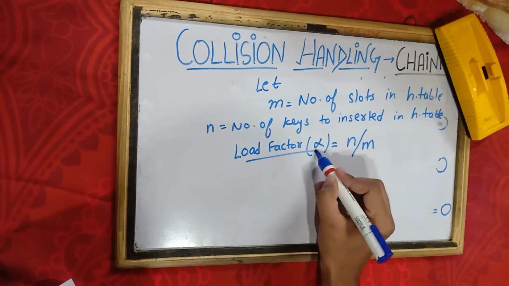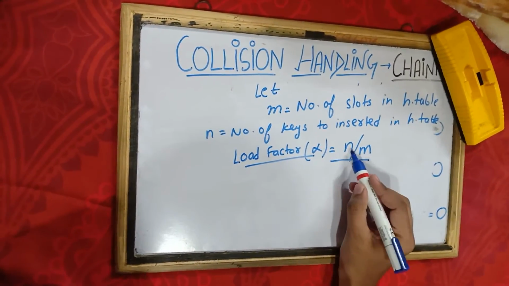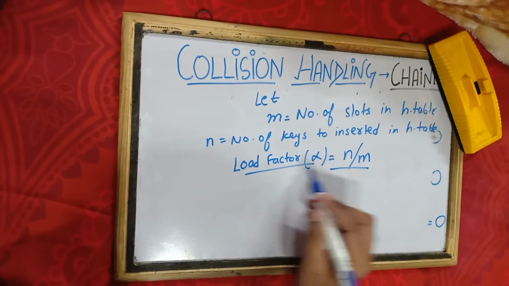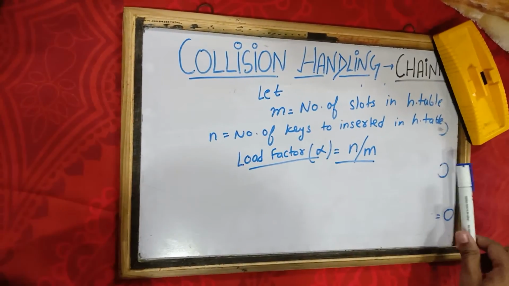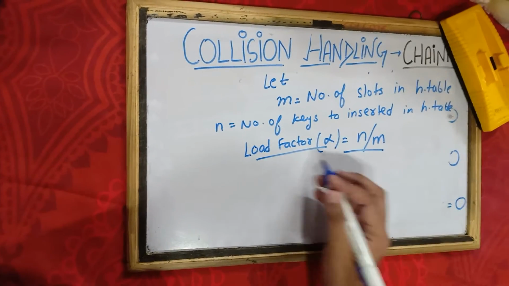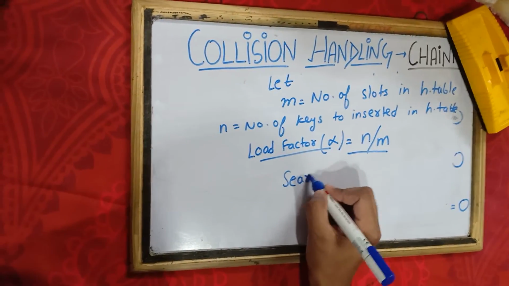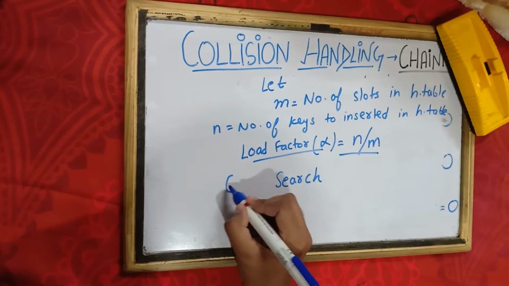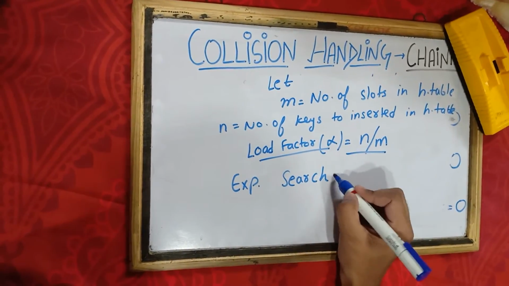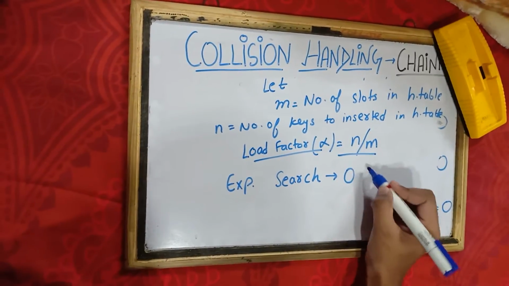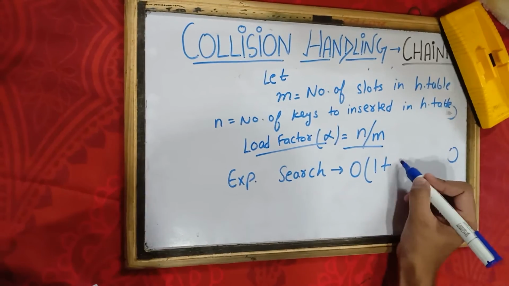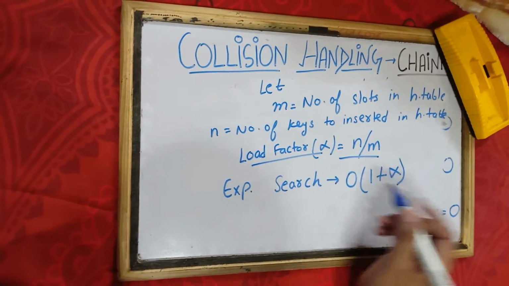After we find the load factor, n upon m, we can say that the expected time to search, let me write it down for you, will be big O(1 + alpha).